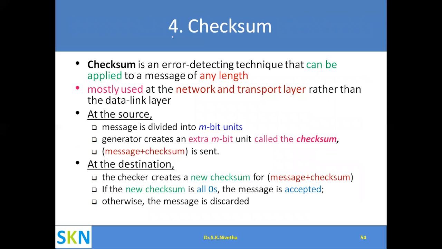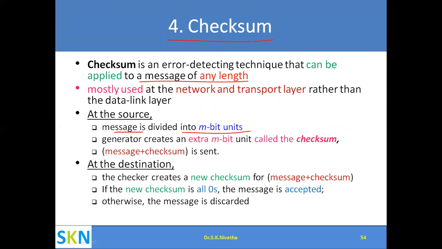Now, the fourth dominant method in error detection is checksum. This checksum can be applied to any length message, so that is the main advantage here. It is mostly used at the network and transport layer. At the source, the total message is divided into m-bit units.